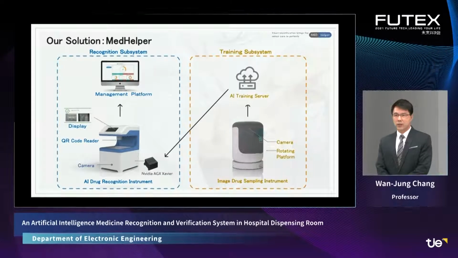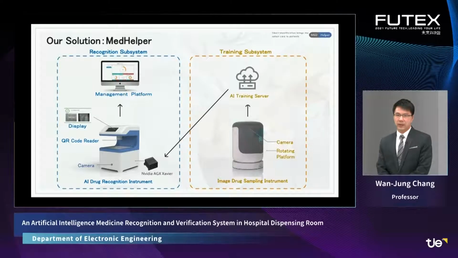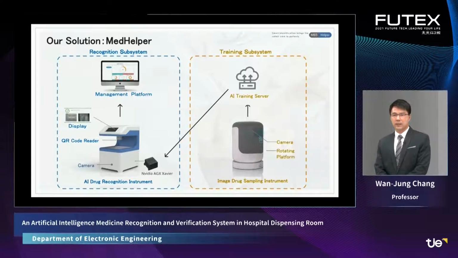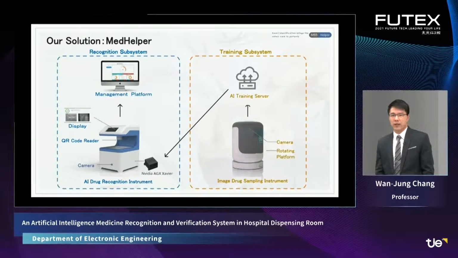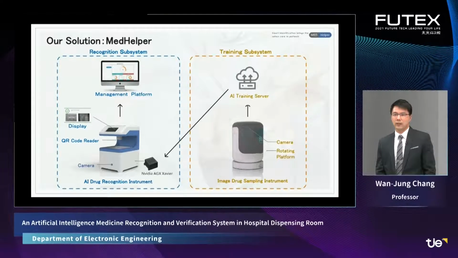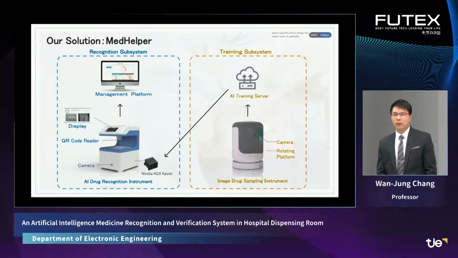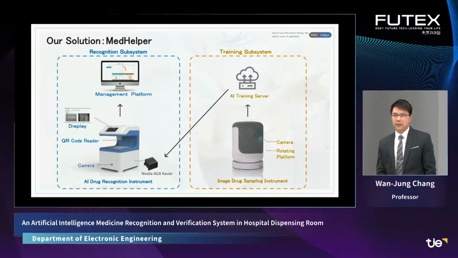In order to resolve the medicine dispensation error events in hospitals, we propose a system called MedHelper, which consists of a recognition system and a training system. The recognition system includes a display module, a QR code reader, a camera module, and an NVIDIA Jetson module.